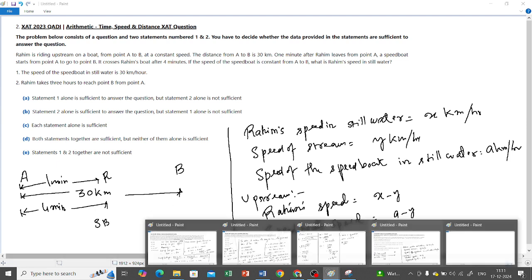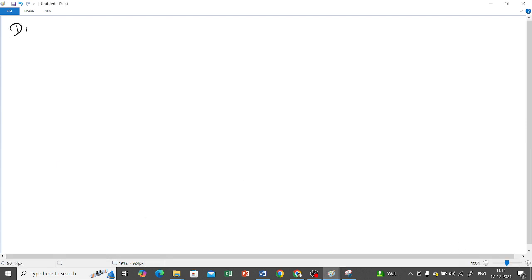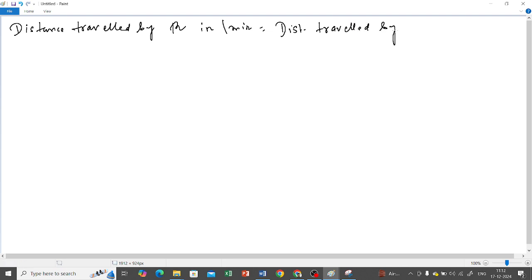Now see, the distance traveled by Rahim in 1 minute is equal to the distance traveled by the speedboat in 4 minutes.